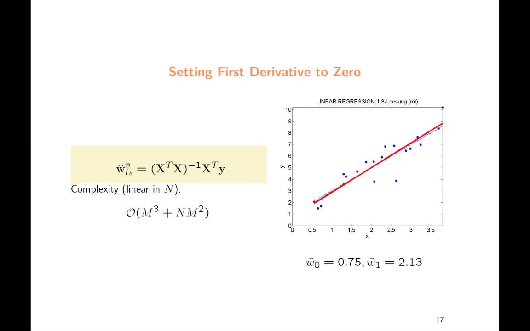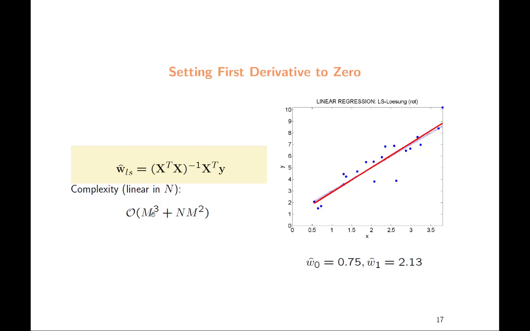So here's the least squares equation again. How expensive is this? So m is the number of inputs. Probably it should be the number of parameters.